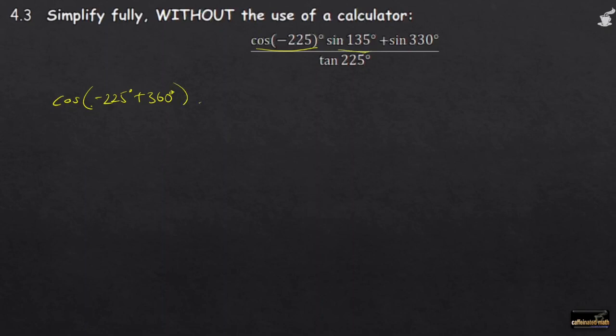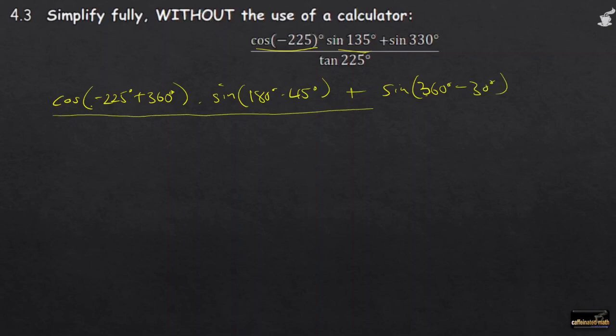And then we'll have sine of 180 degrees minus 45 degrees plus sine of, well, that's 360 minus 30 degrees, and that's all being divided by tan of 180 degrees plus 45 degrees.